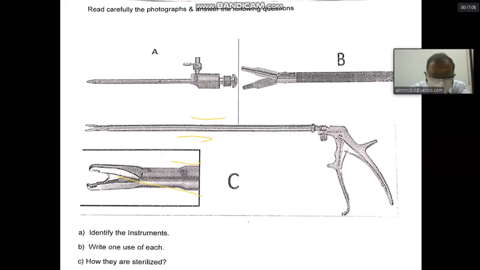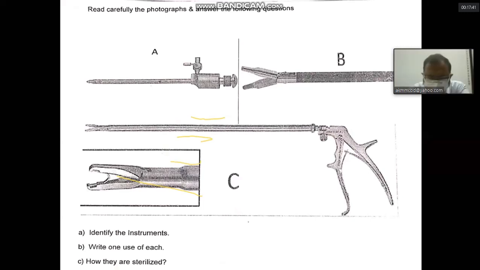So write one use of each. What do we do with number A? For creation of pneumoperitoneum or to use laparoscopic instruments. What is the use of number B during laparoscopic cholecystectomy?